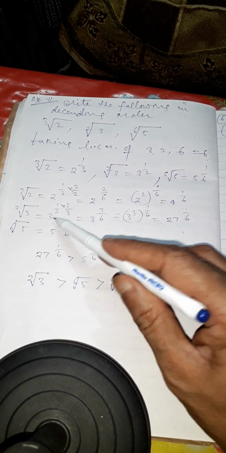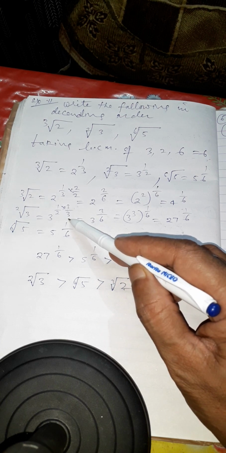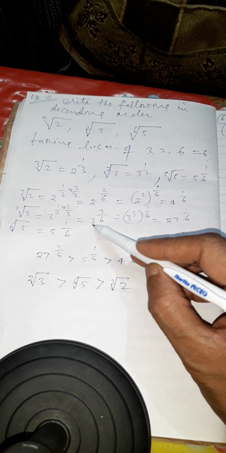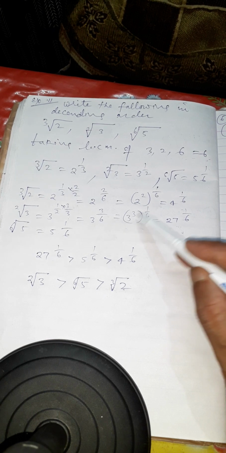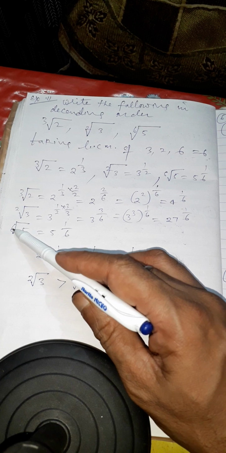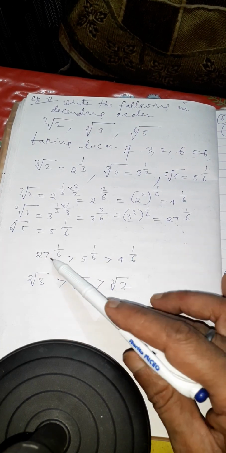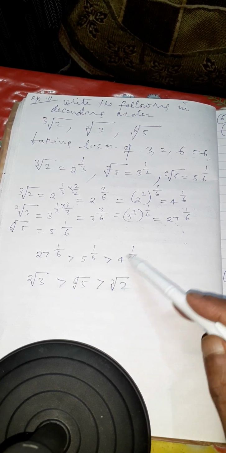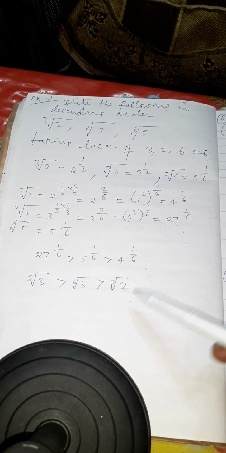Square root of 3 is 3 to the power 1/2, and here we multiply numerator and denominator by 3, giving 3 to the power 3/6, which is (3 cubed) to the power 1/6, that is 27 to the power 1/6. The 6th root of 5 means 5 to the power 1/6. Now we arrange 27^(1/6), 5^(1/6), 4^(1/6) in descending order, and these are real numbers.